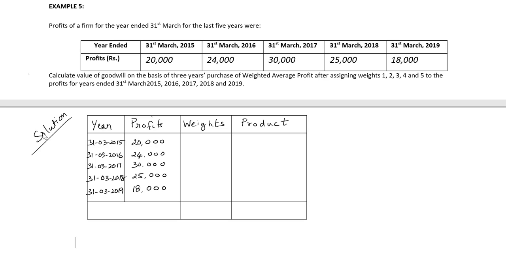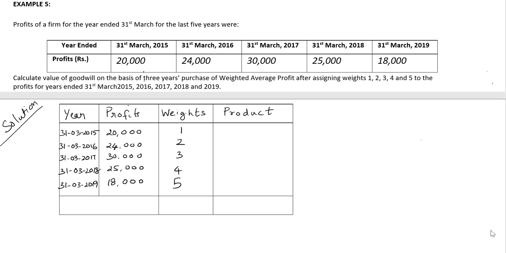We'll assign the weights. 1 goes to 2015, 2, 3, 4 and 5 and so on till 31/3/2019. The product column, the second column into the third column.